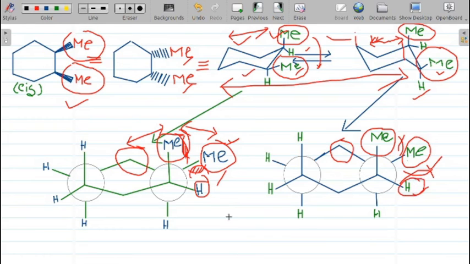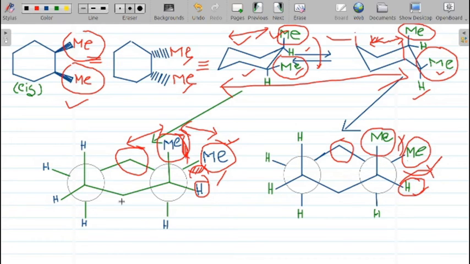So the torsional strain and the steric strain are the same for these two conformations. So there is minimal energy difference between these two conformations.